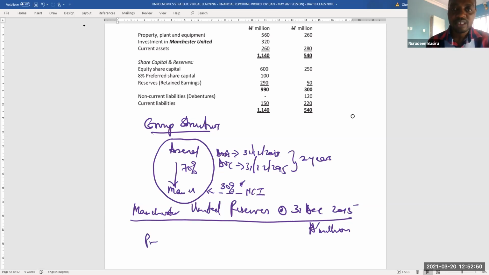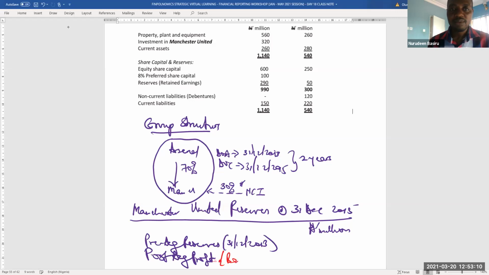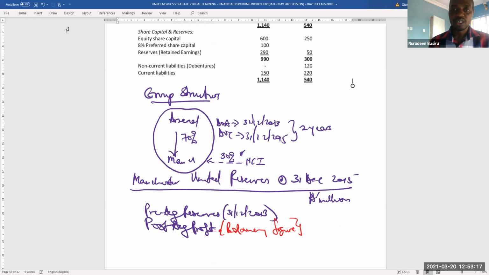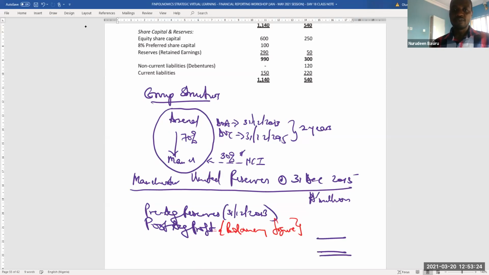Reserves, retained earnings, 290 for Arsenal, 50 million for Man U. Total, 990 million for Arsenal, 300 million for Man U. Non-current liabilities, debentures, 120 million for Man U. Current liabilities, 150 million for Arsenal, 220 million for Man U. Total, 1,140 million for Arsenal, 540 million for Man U.